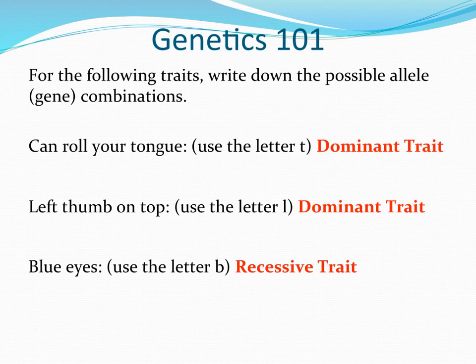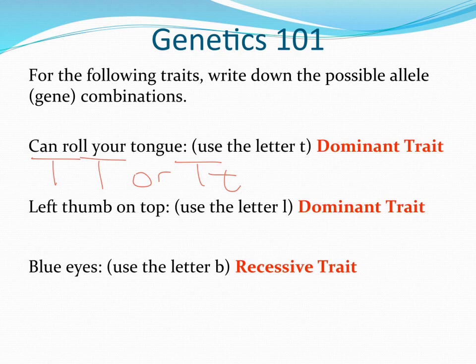You would either have, and obviously you can't write them down, but just think about them. Well, you could write them down if you have a piece of note paper. If you can roll your tongue, you would either be a big T, big T, or a big T, little t.